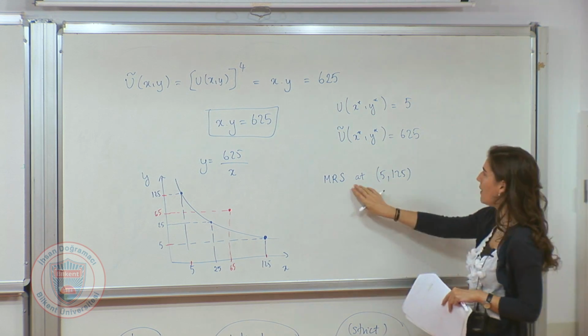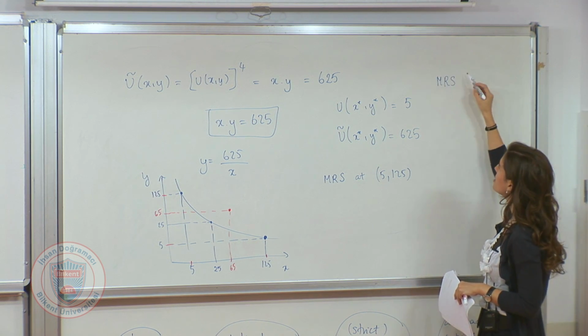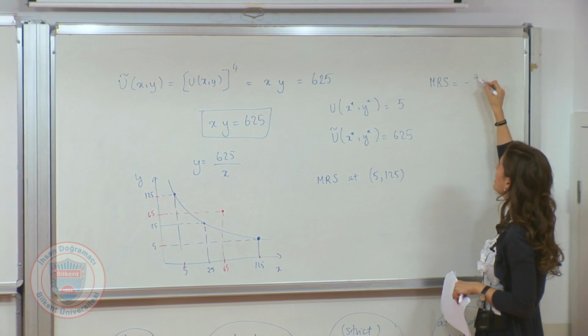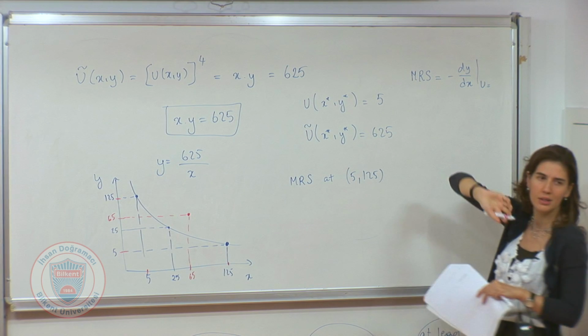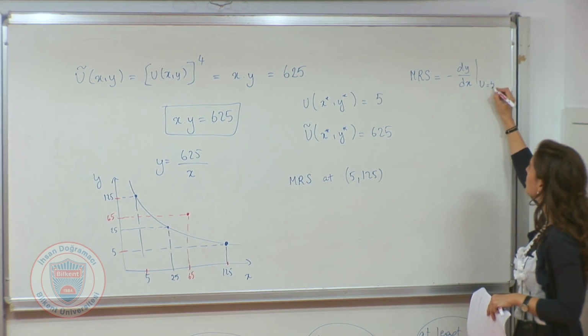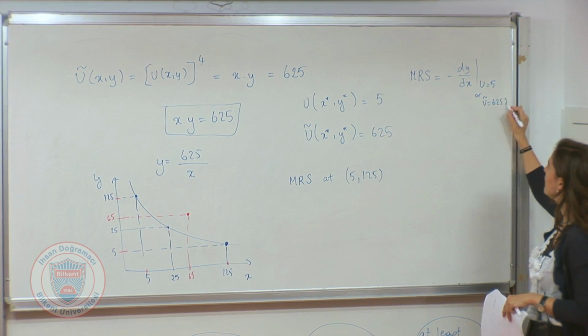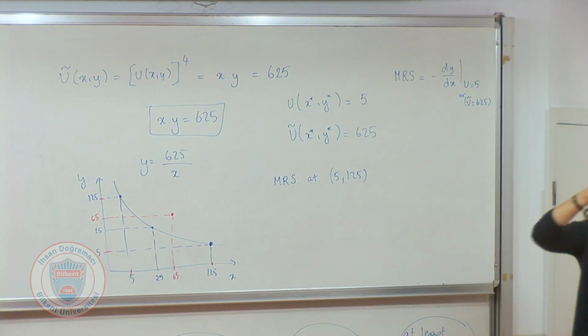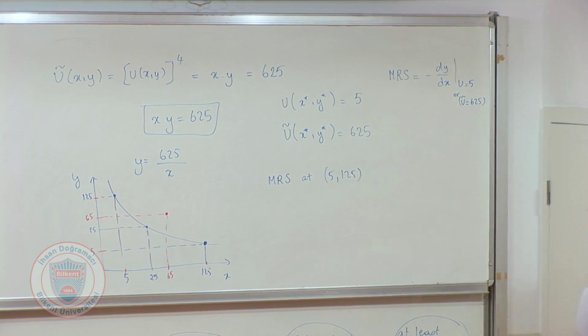Remember, how did we define marginal rate of substitution? We said that the marginal rate of substitution is minus dy over dx when you keep the utility level the same, right? But we said that u is equal to 5 or u tilde is equal to 625, right? So we know that the order would be preserved in both cases, right? So now this could be the case.